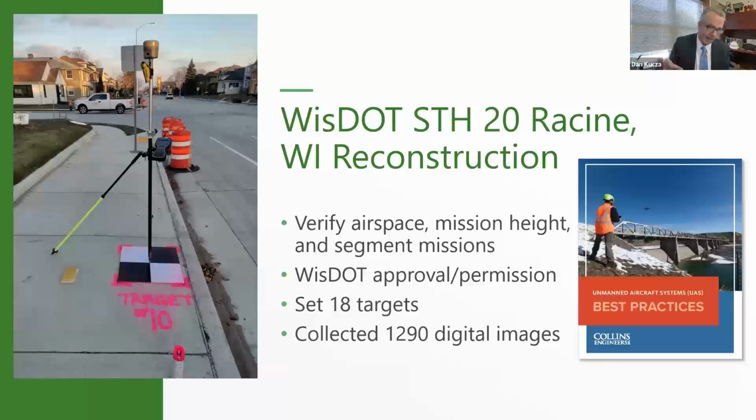We were able to get the overlap that we needed by collecting 1,290 digital images, right? We set 18 targets after, of course, getting WisDOT approval for the mission. There you see a GPS rover shooting one of my homemade targets, number 10. We just put an accurate coordinate on that, and then the Pix4D Cloud system in particular post-processes from there.